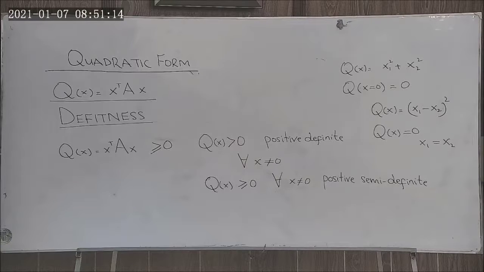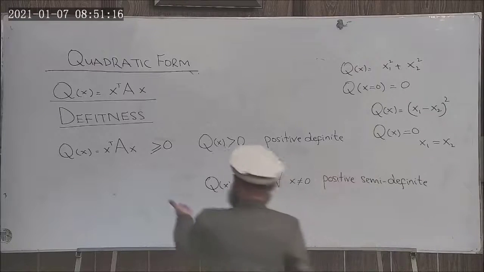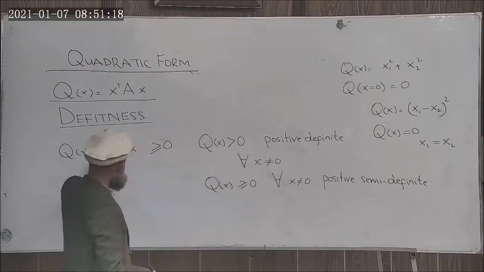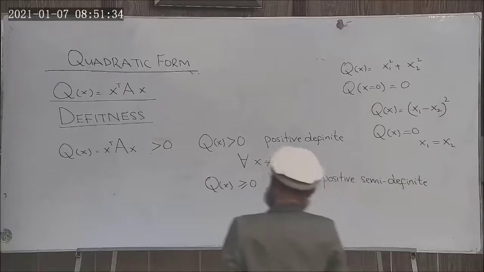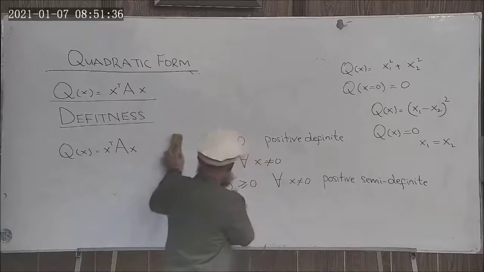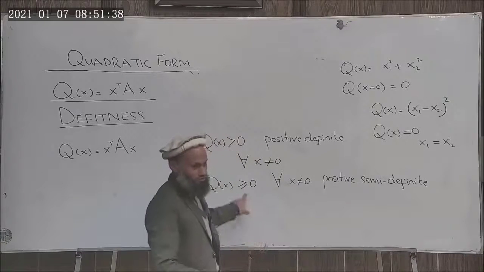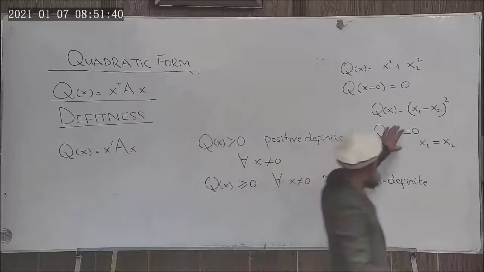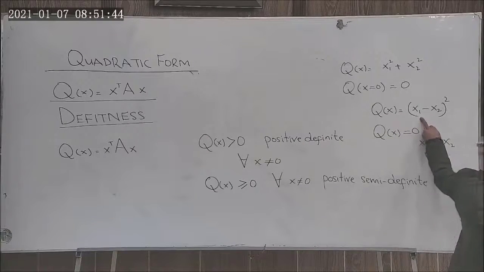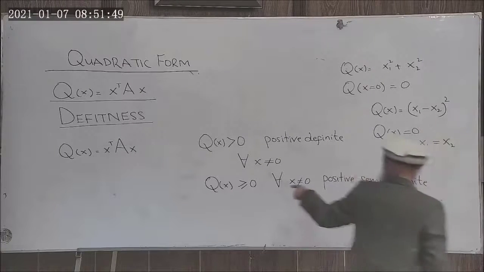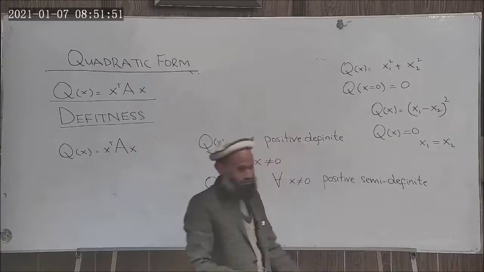For x equal to 0, it is of course always 0. This statement says greater than 0 or equal to 0, so the expression is either greater than 0 or equal to 0.